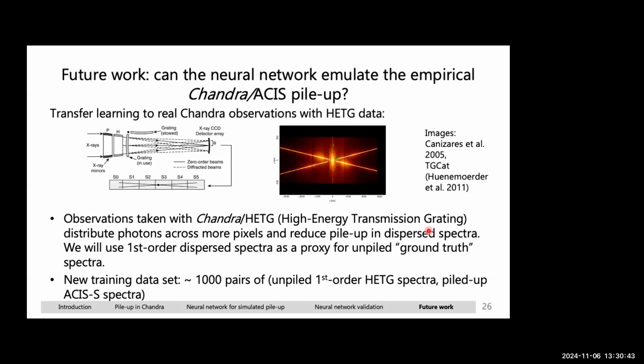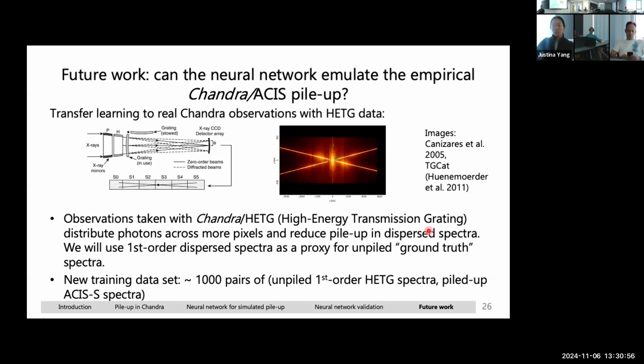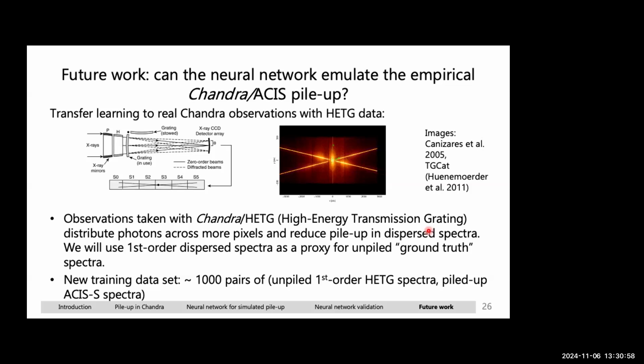And if you move your way in and out of the PSF, you will have different levels of pileup for approximately the same spectrum. Right, unless you move too far, because the PSF is energy dependent. Yeah, but it goes in a way that's straightforward to model, because that's just the PSF at different energy ranges.